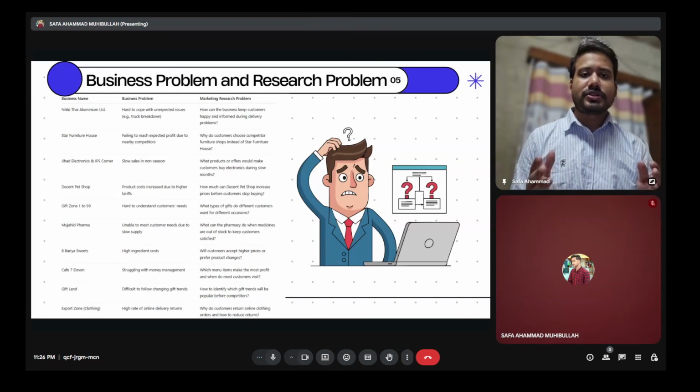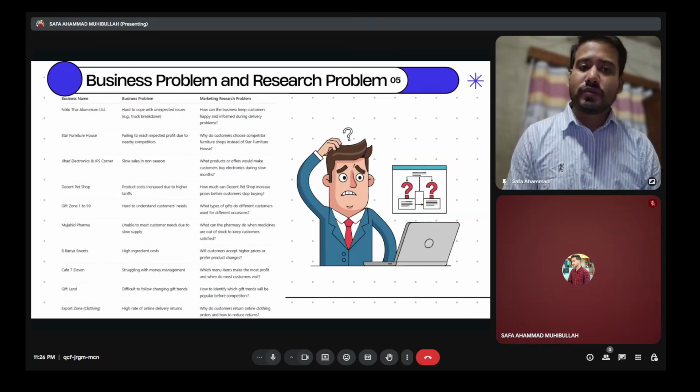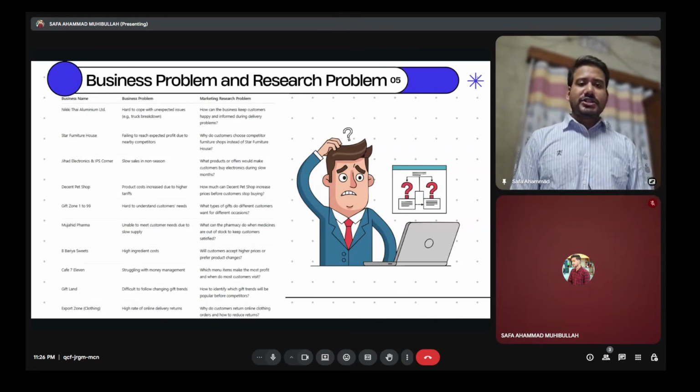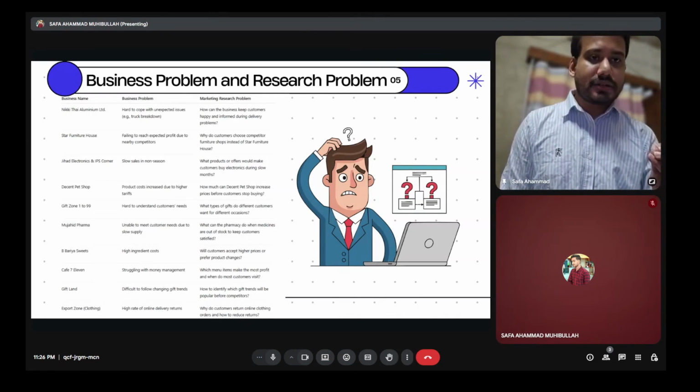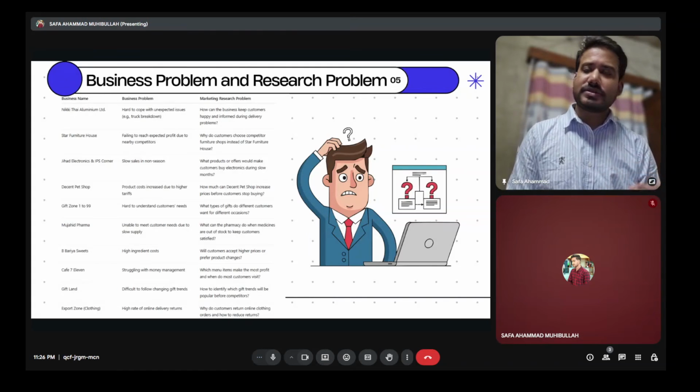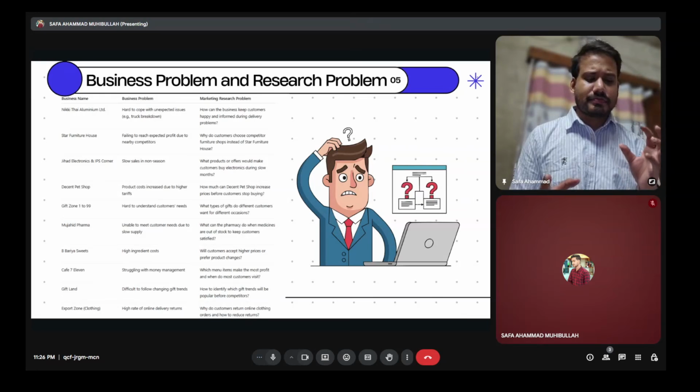So the research problem became, why do customers choose competitor furniture shops instead of Star Furniture House? So each business problem turned into a question that can be answered through research, focusing on customer opinions, product trends, or internal operations. So by asking the right questions, finding the solutions becomes very easy.